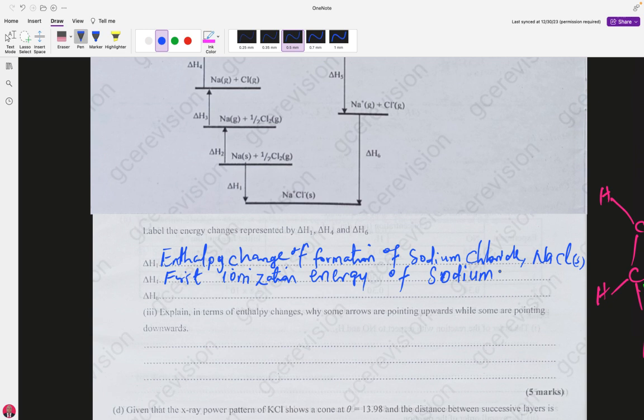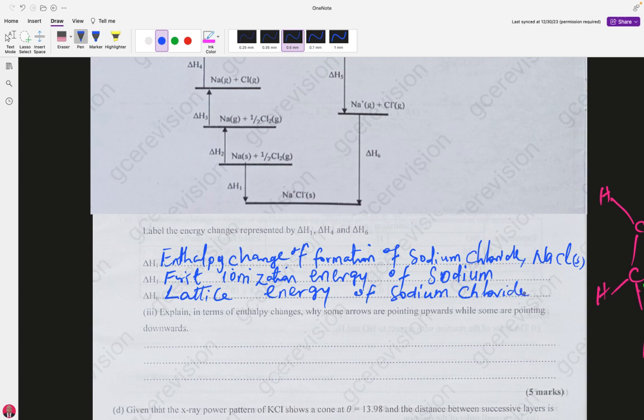Now we can go to delta 6. Delta 6 is, as I said, the lattice energy of sodium chloride.